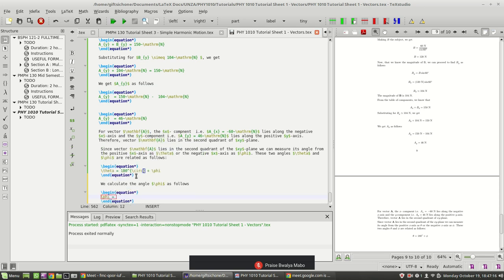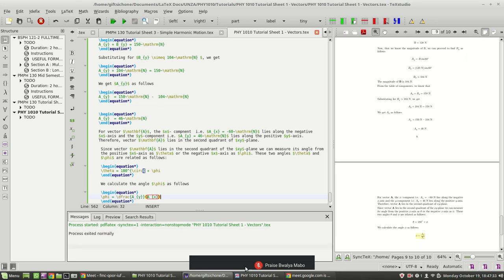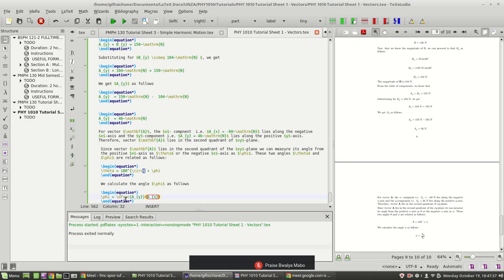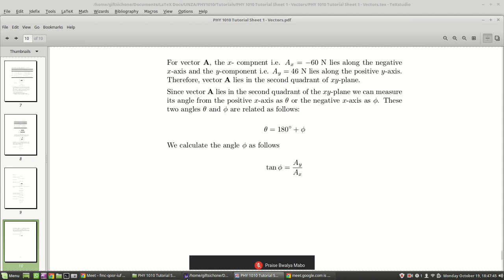Phi is equal to AY, the y component of A, divided by the x component of A. Do we agree? Oh, sorry. It's supposed to be tan. So tan phi equals that.